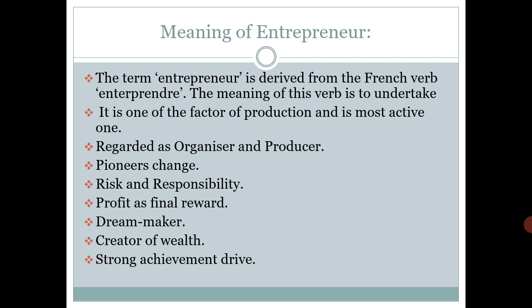Getting it? Then he is required to pioneer the change. He is required to take risk and responsibility. He is responsible for the reward, meaning the rewards are also for the other factors of production as well as his own reward, isn't it?